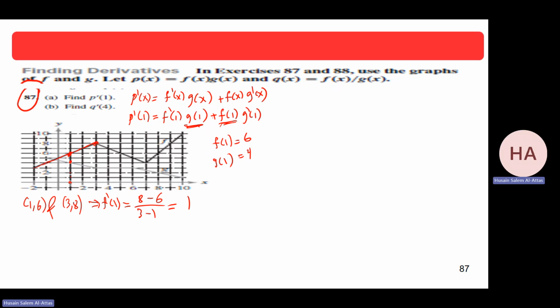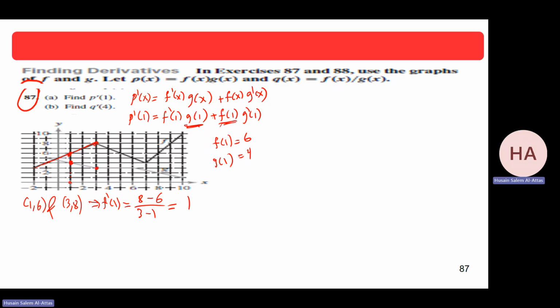I'll do the same for g prime. Hopefully I can see it. For g prime at 1, I need to find another point in this graph, which is not easy to see. I think this is another point.